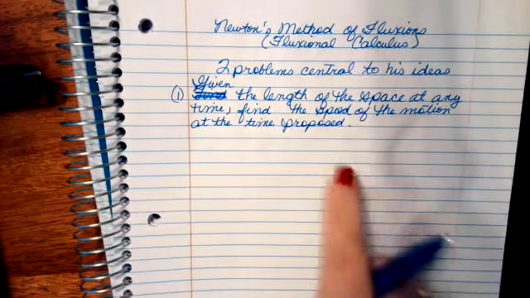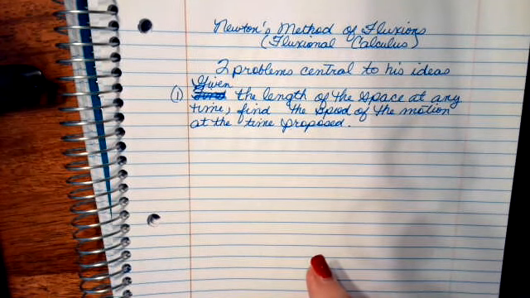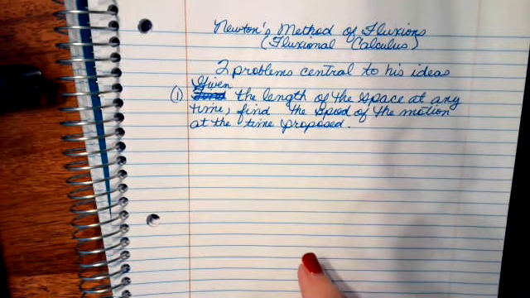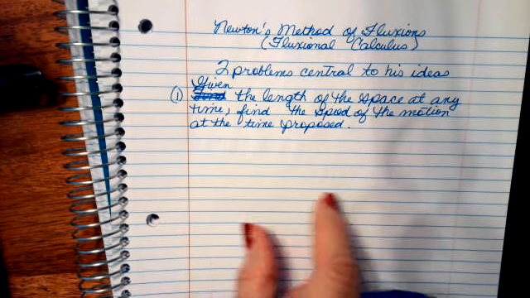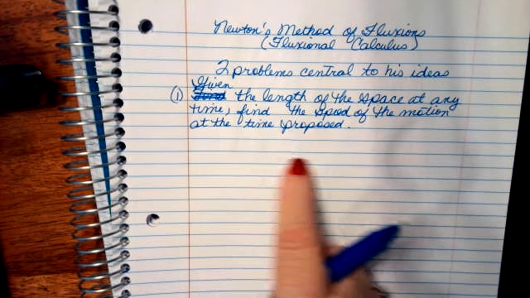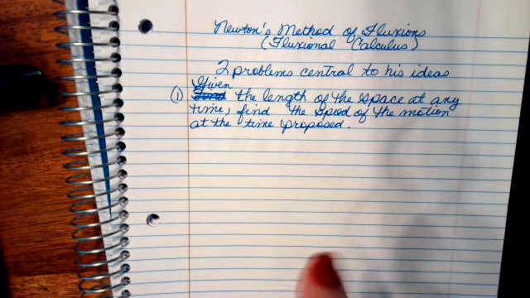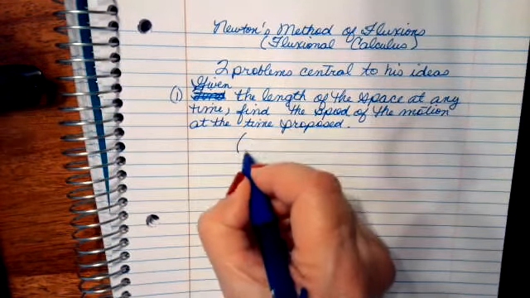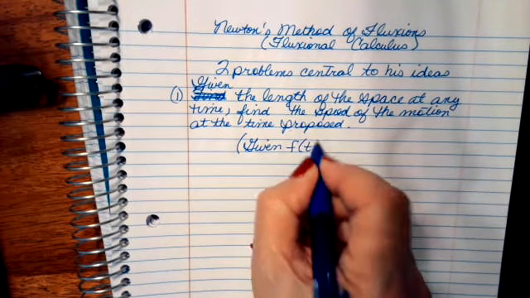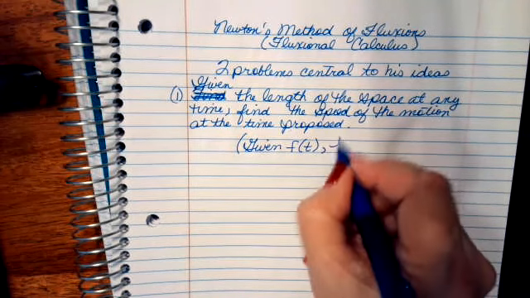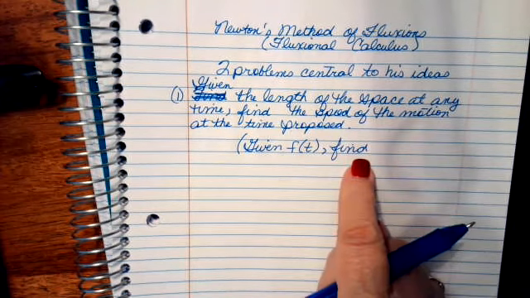So you are given a function that represents the length of the space at any time. And we might say that's the distance traveled. That's the position on the coordinate system. But we would say today and represent it today as given f of t, find the speed of the motion, how fast is it going?